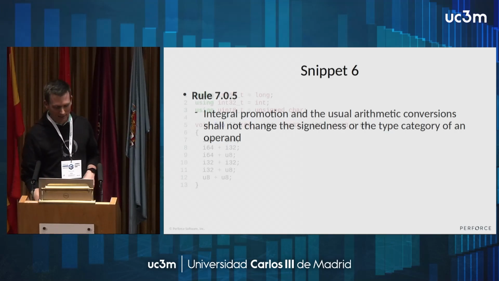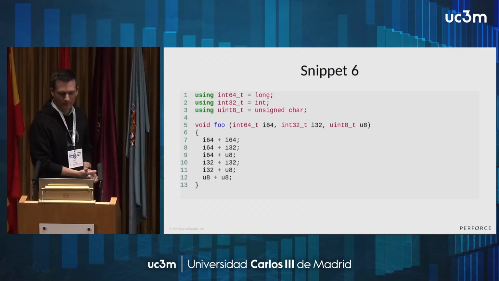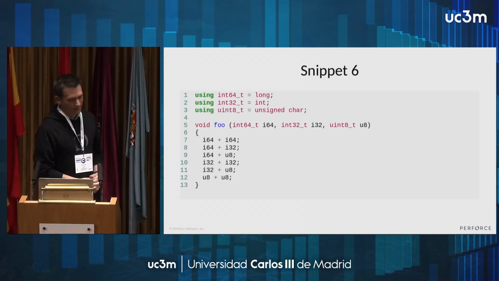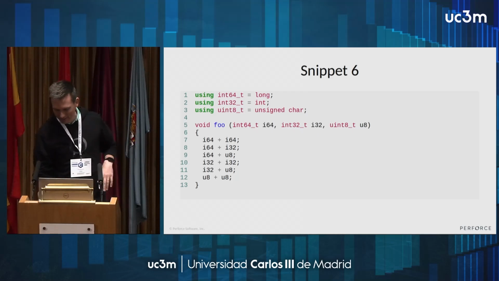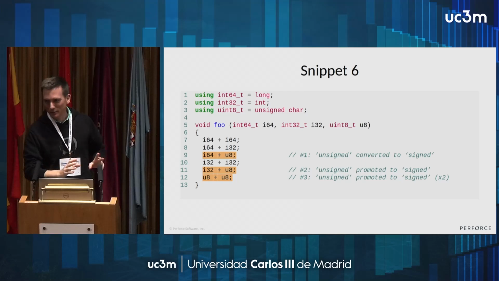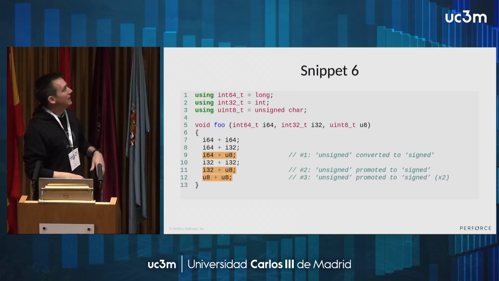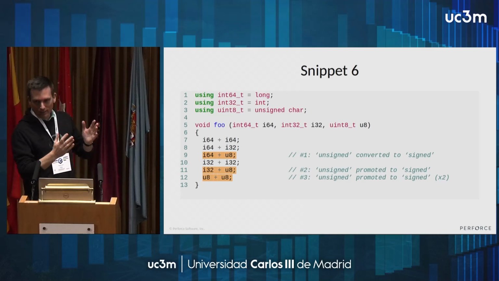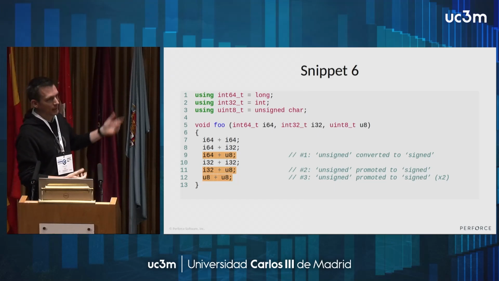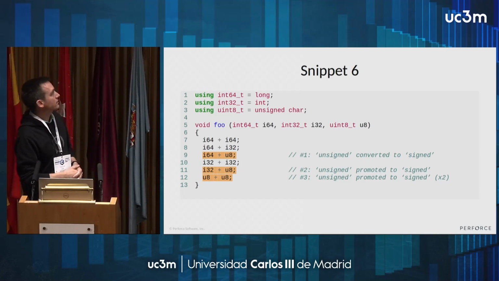It's just about the signedness. Three or four. So on line 9, you have an unsigned char, which we would consider an arithmetic type, and it's been converted to a signed type.